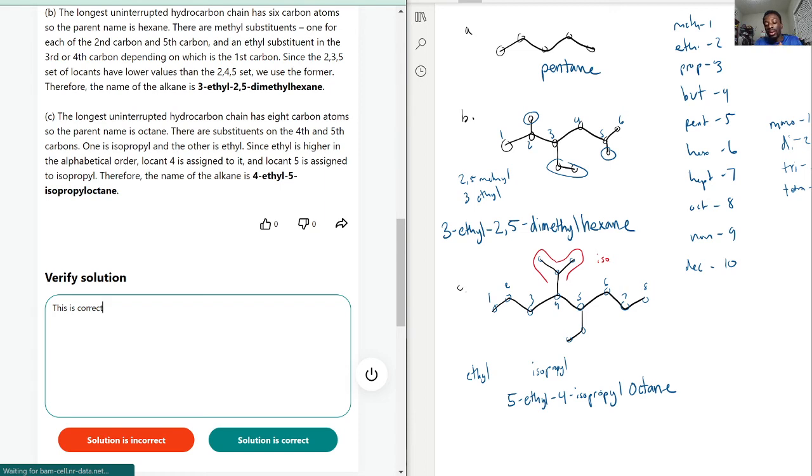But what I've learned, at least from my perspective, is that you want to assign the numbering where you start so that, hopefully, you get to the most chains, as in the most carbons. So because ethyl, even though it's alphabetically more in front, has fewer carbons than isopropyl, that's why I chose 4 there.